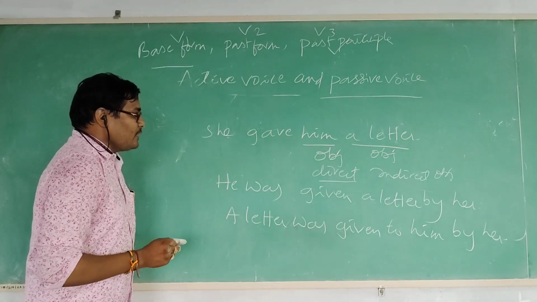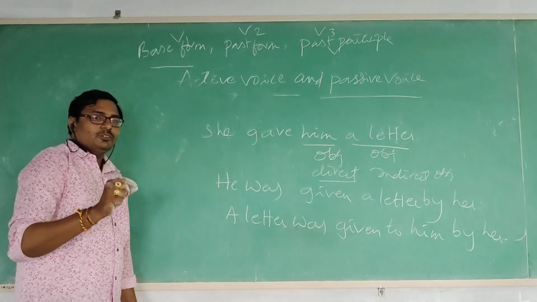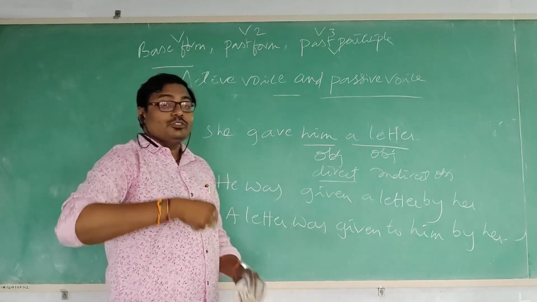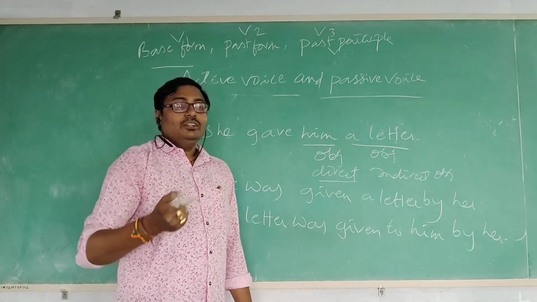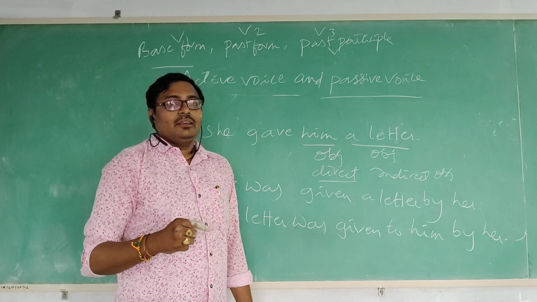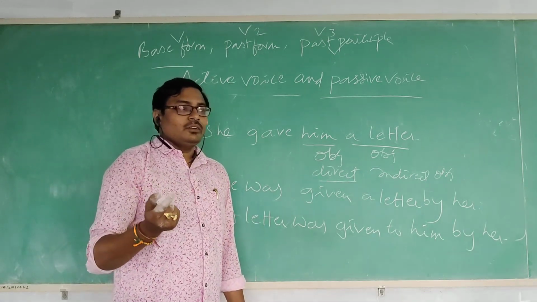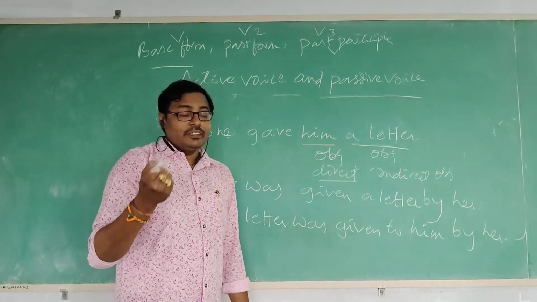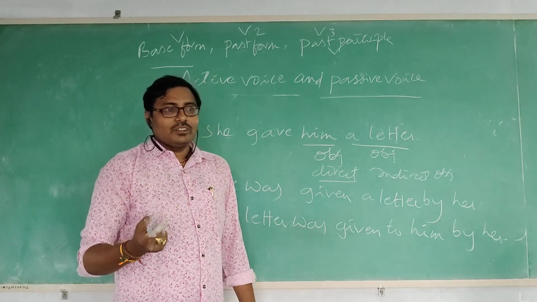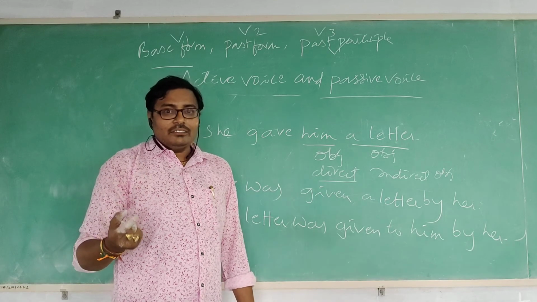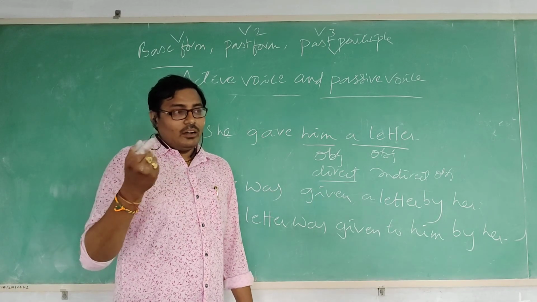Okay, sometimes instead of by we can also use to. I married her. In this sentence, I is the subject, married is the verb and her is the object.